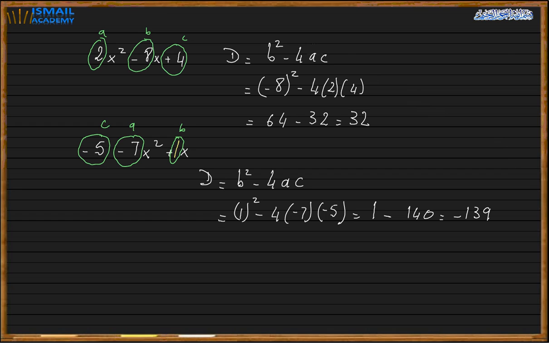So how can we use the discriminant to diagnose the quadratic expression? As you see, the discriminant is a number. A number can be positive, can be negative, or can be equal to 0.